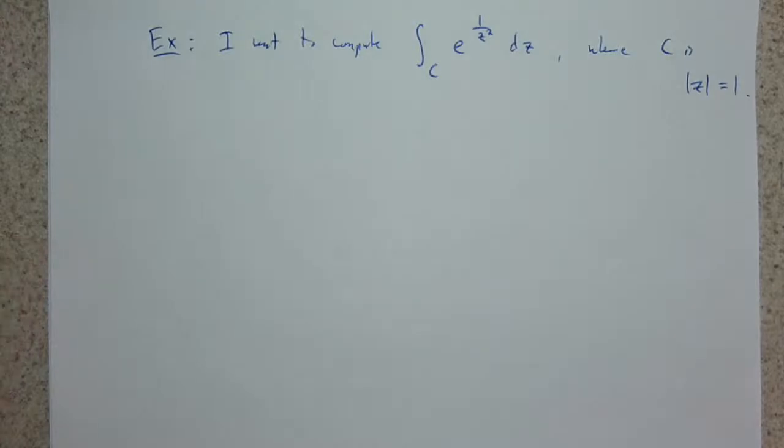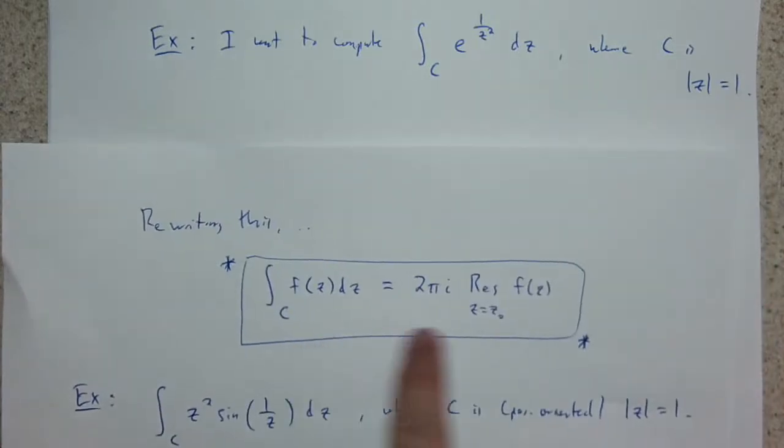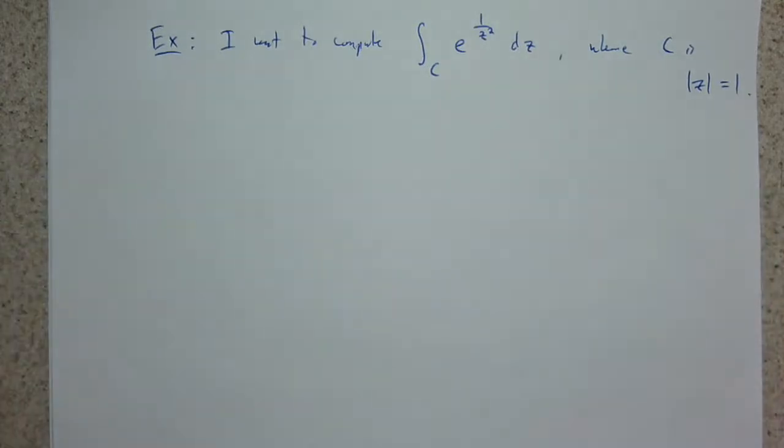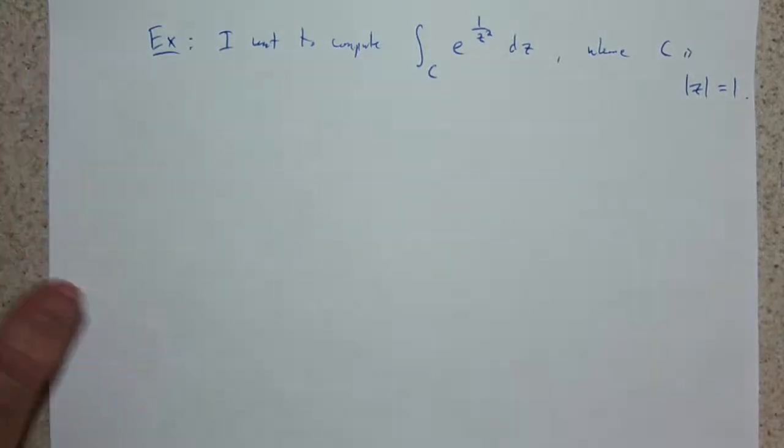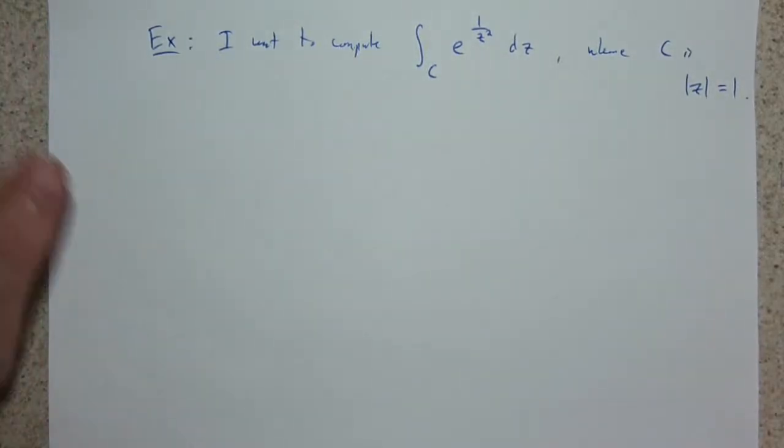Well, in order to do this using that fact, I want to compute the residue at relevant isolated singular points. And so looking at the integrand here, what's an issue? Well, 1 over z squared.